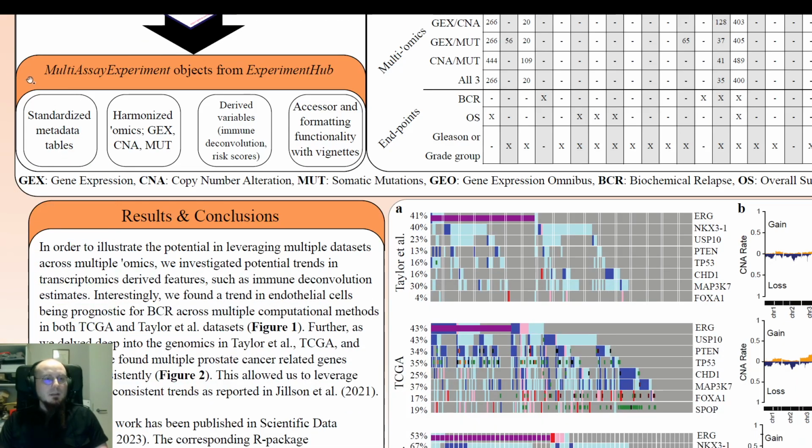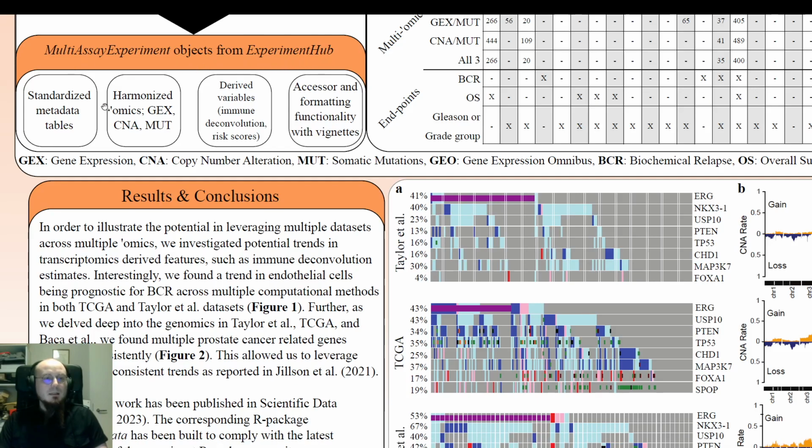As such, it's mainly composed of classes that are Bioconductor friendly, so the studies come as MultiAssayExperiments, which are downloaded from the cloud service ExperimentHub. And inside these objects you'll find standardized metadata tables, where you will find key information such as patient's age at diagnosis, PSA at baseline level, and for example Gleason grade.